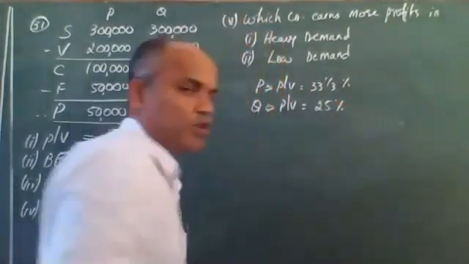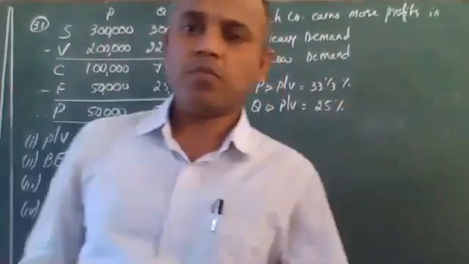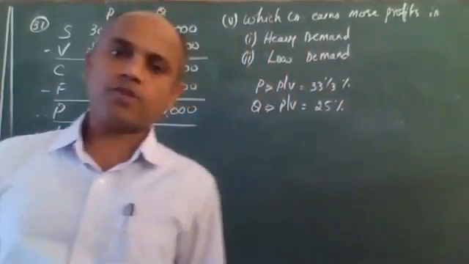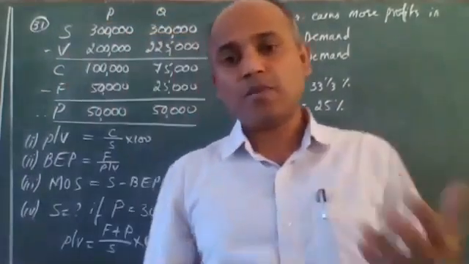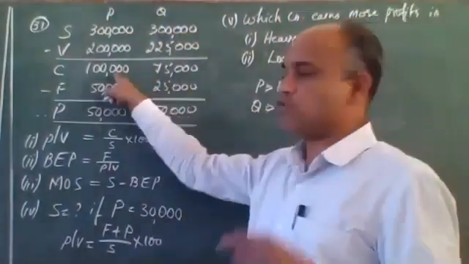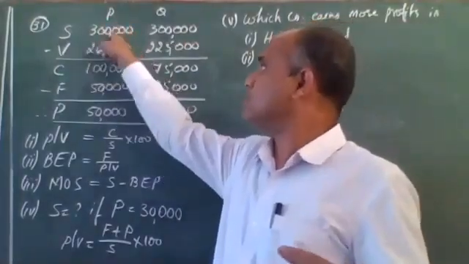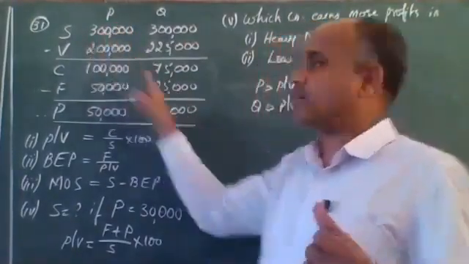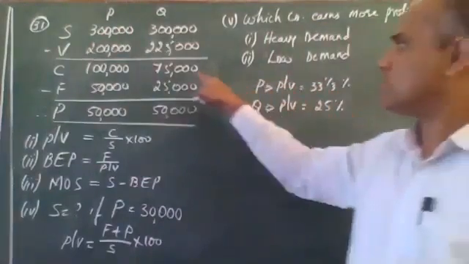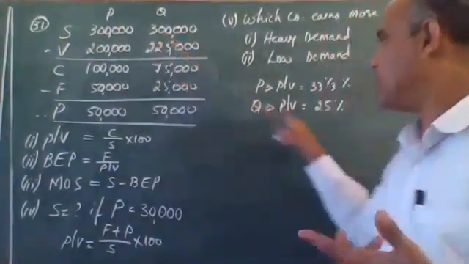I just want you people to understand this. What do you mean by PV ratio? Profit volume ratio. It is the contribution percentage on your sales. So 1 lakh upon 3 lakhs is 33.33%. 75 upon 3 lakhs is 25%.